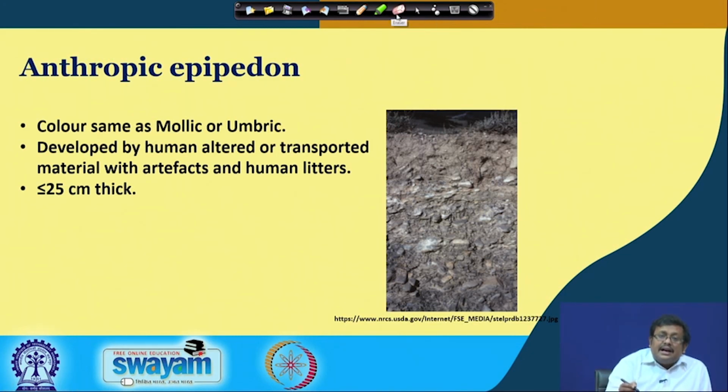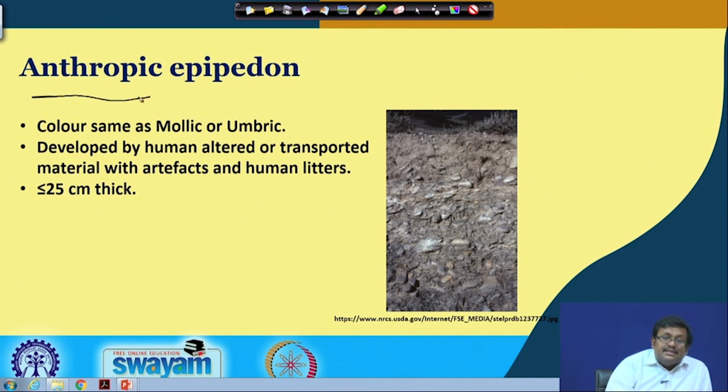So, it is anthropogenic in nature, and that is why it is called anthropic. The name itself suggests human interventions. This surface horizon forms due to human alteration or transportation of materials with artifacts and human litters. Remember that anthropic epipedon is less than 25 centimeter in thickness. So, we have covered the anthropic epipedon.